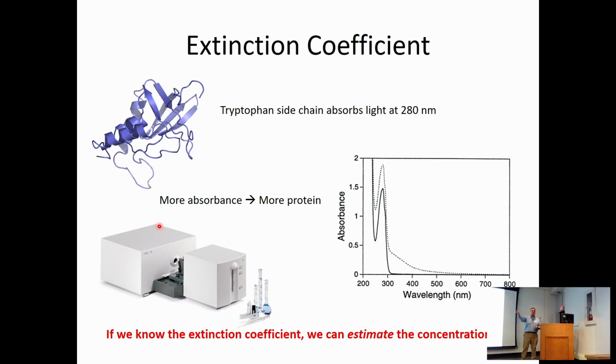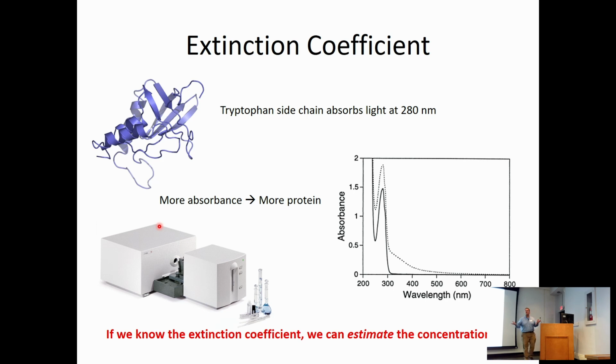And so if you have more absorption, you have a higher concentration. And the proportionality constant, if you ignore path length, is called the extinction coefficient, right? And so if you know the extinction coefficient, you measure the absorption of your protein in a certain cuvette, you can immediately estimate what the concentration is.